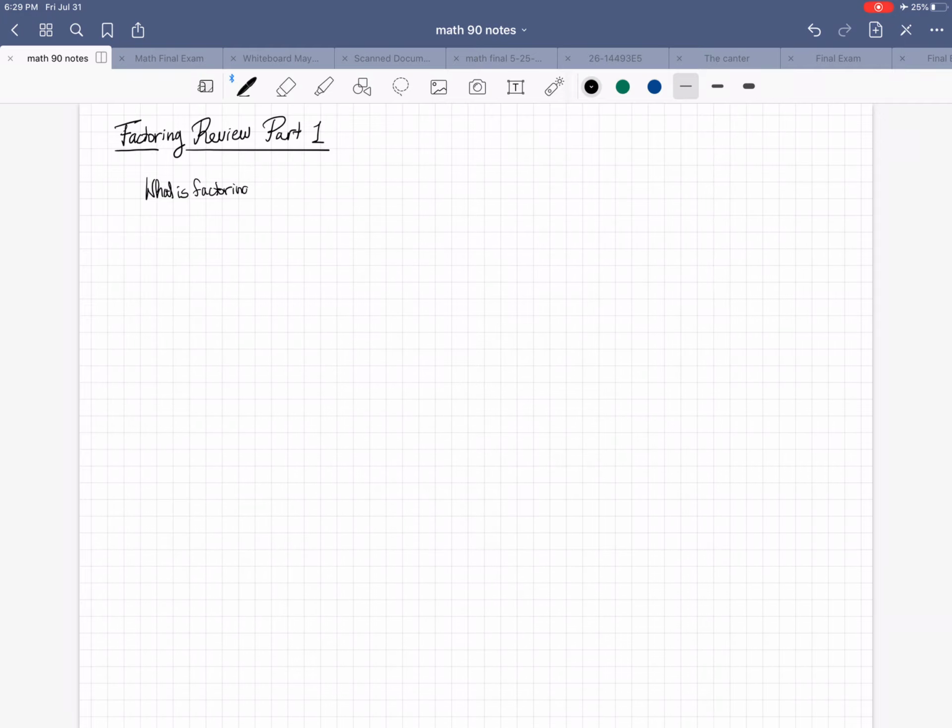So the important thing to understand about factoring is that it's not only applicable in one context. It is the act of writing anything as a product of 2 or more other things.